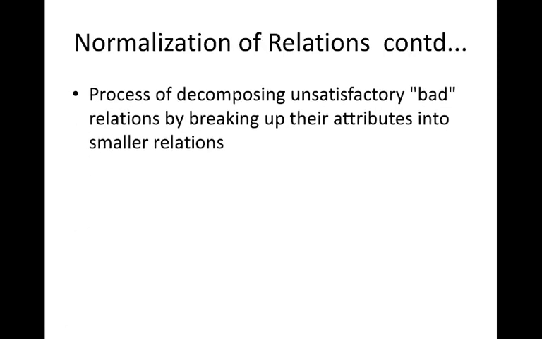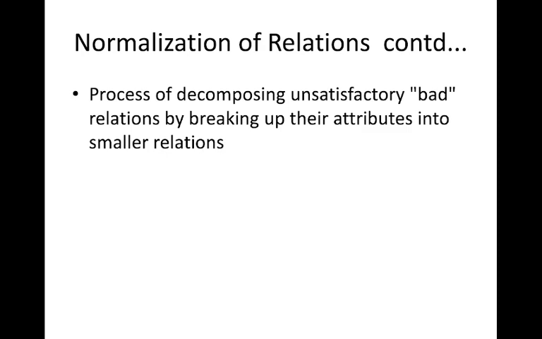Before going into these normal forms, we will try to see what normalization is. Normalization is a process of decomposing unsatisfactory or bad relations by breaking up their attributes into smaller relations. So we will start from a table and check whether it satisfies some conditions.